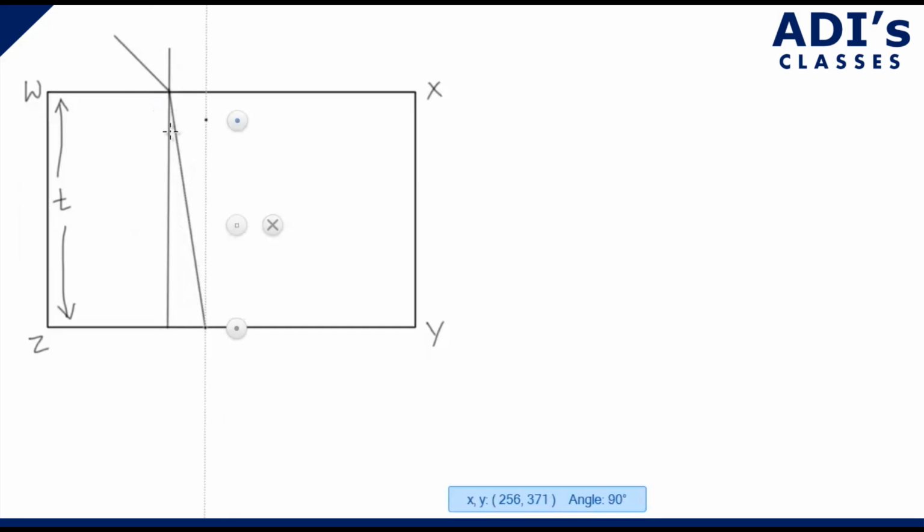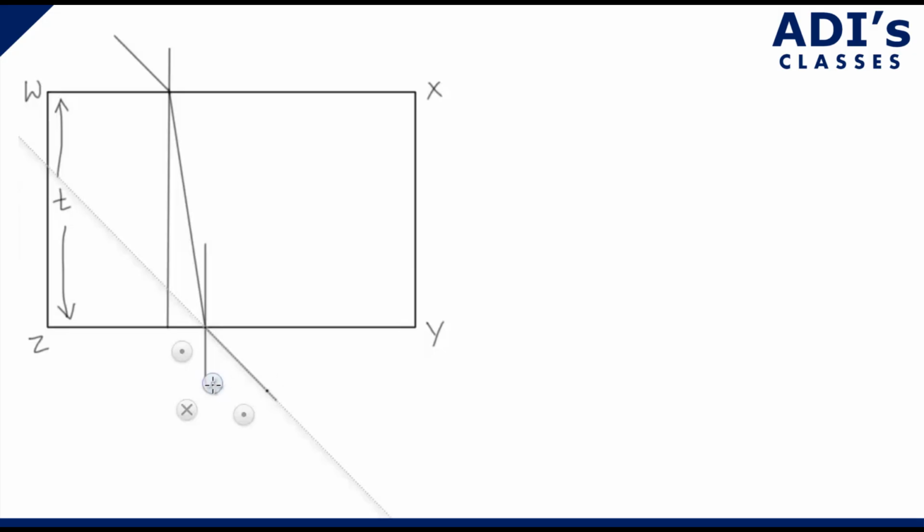Now again here we need to draw a normal, because once we draw the normal, only then do we get to know what the angle of emergence is. So this is the emergent ray. Now let's name these points A, B, C and D. This is I, the incident angle.